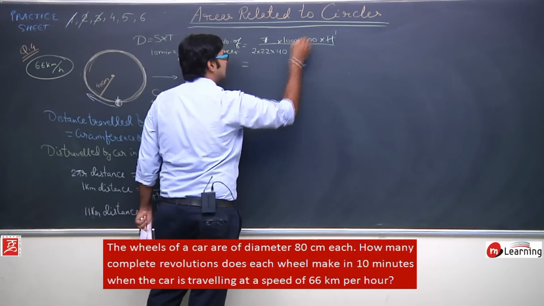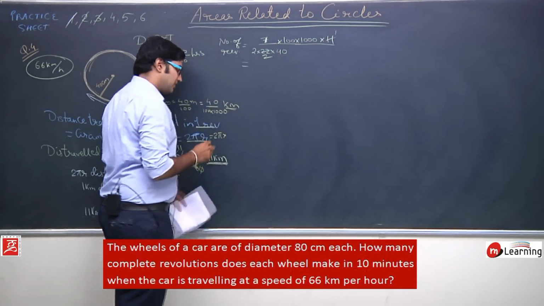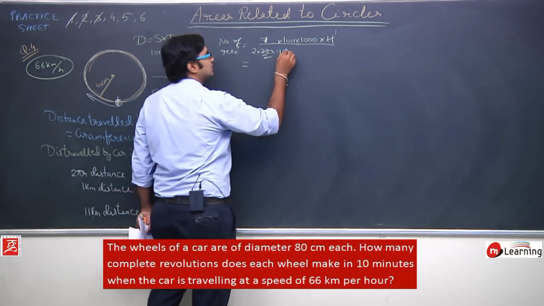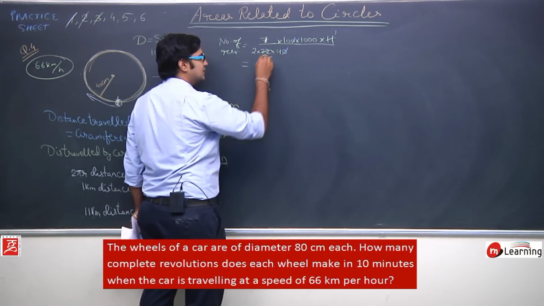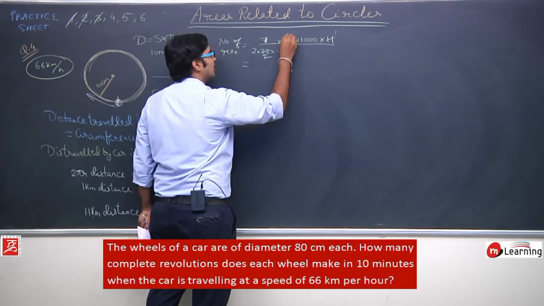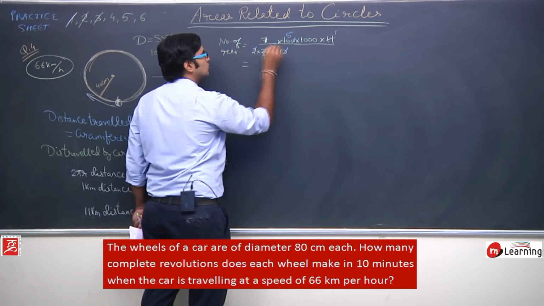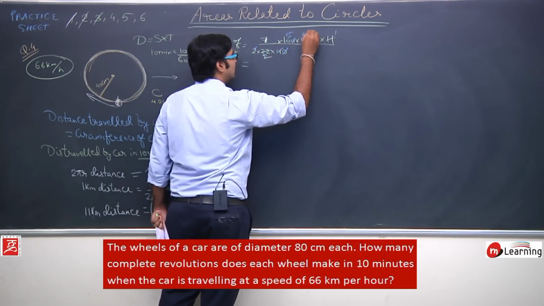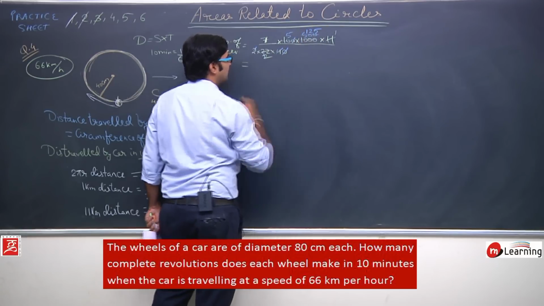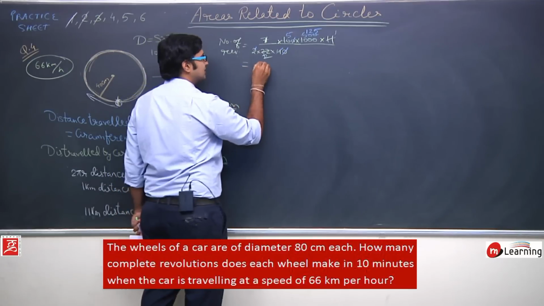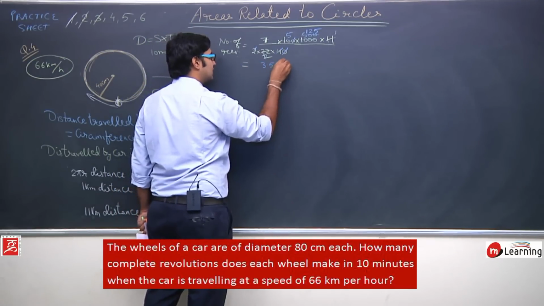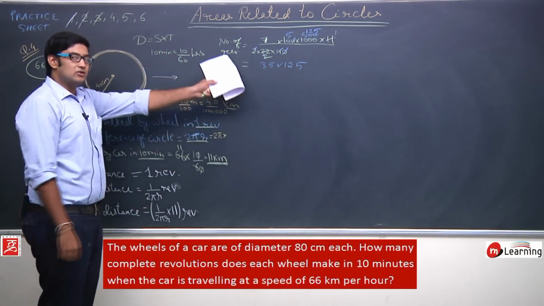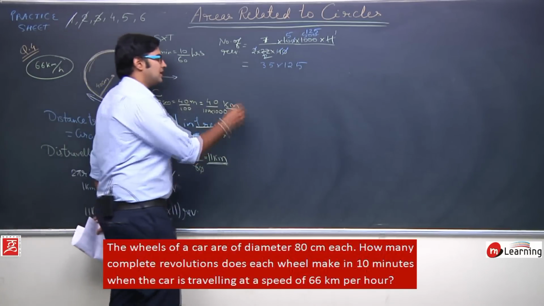This will be 11 ones are 11, 11 twos are 22, then this is 0 and this 0 will get cancelled. This is 2 5s are, then this is 2500, then from this 4 I can write this as 125. So number of revolutions is 7 5s are 35 and into 125. So this many revolutions the wheel will make. How much is it?